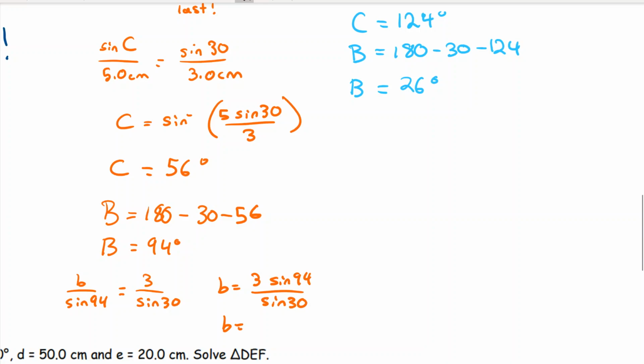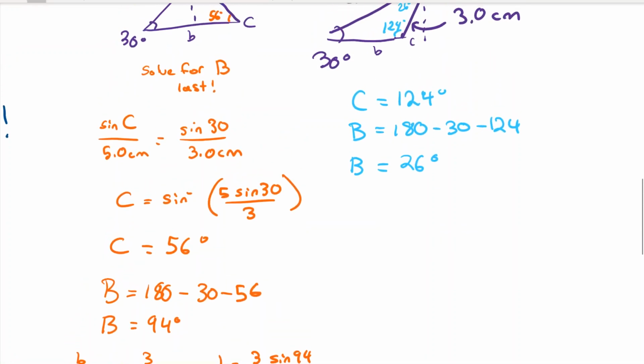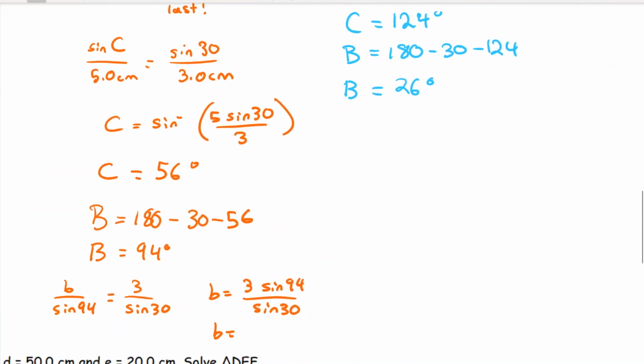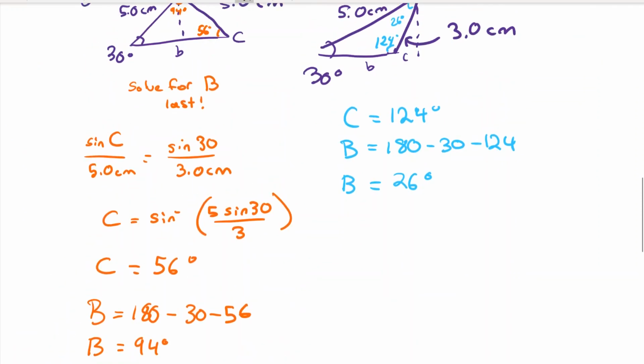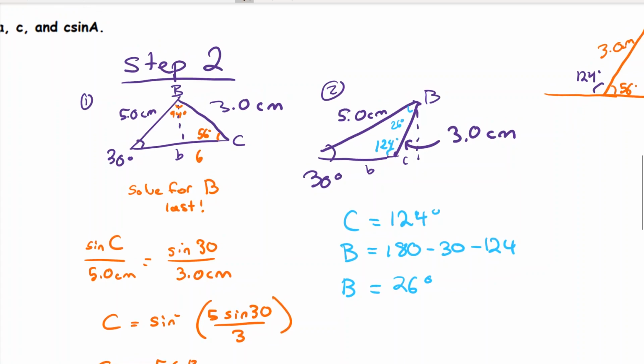That's equal to 5.985 centimeters. If I am rounding to 1 decimal place, this is actually 6.0 centimeters. So B over here is 6.0 centimeters.